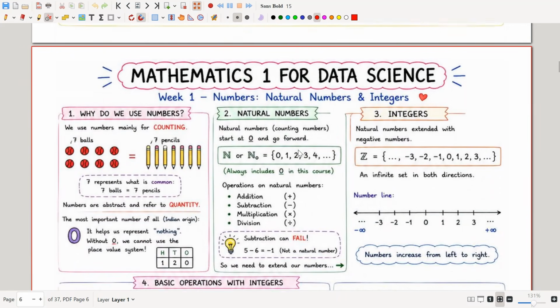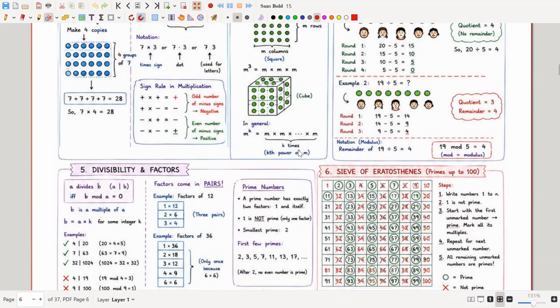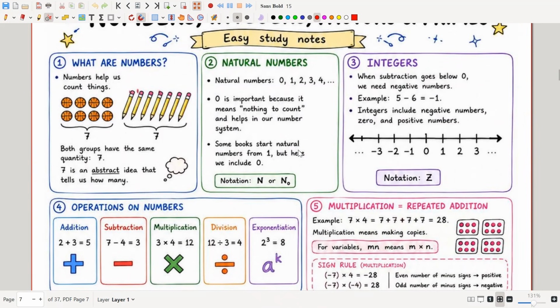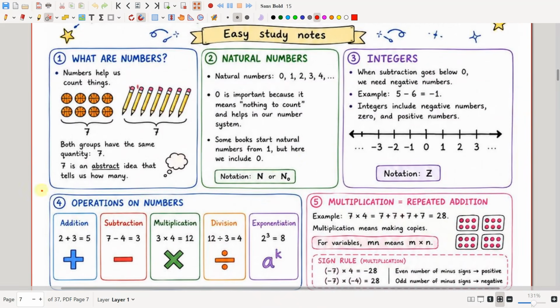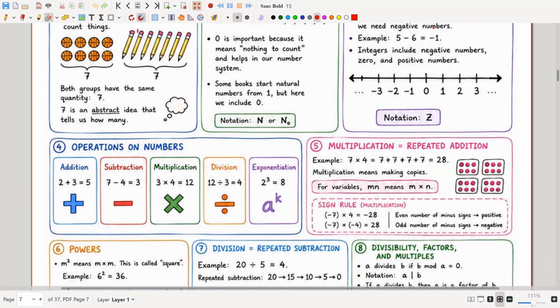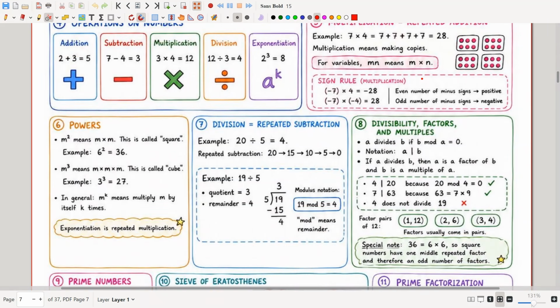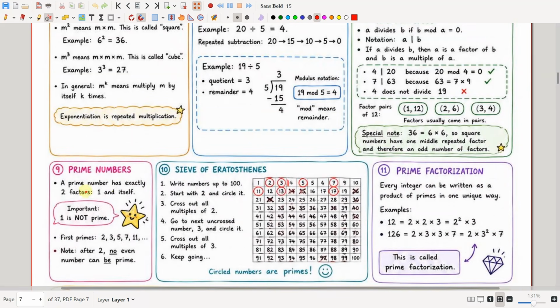Okay, so now we have generally seen what numbers are, what we call natural numbers and what we call integers, and what operations are possible on numbers, and how we call multiplication repeated addition, powers repeated multiplication, division repeated subtraction, and divisibility, factors and multiples. And we also saw what a prime number is.